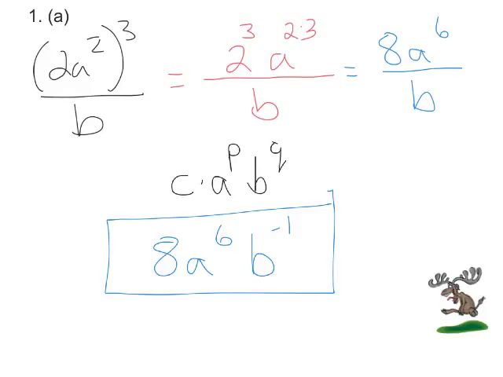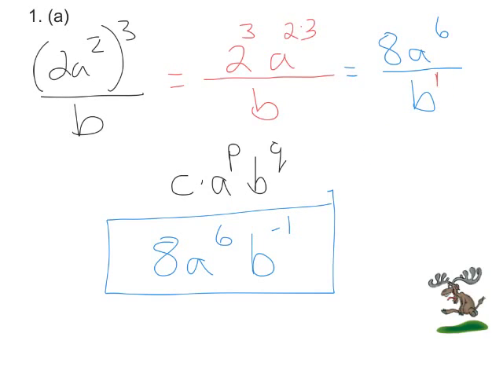The way that we get that -1 is this is b to the first power, and if we move it from the denominator to the numerator, we wind up having b to the negative exponent. So this 1 becomes -1.